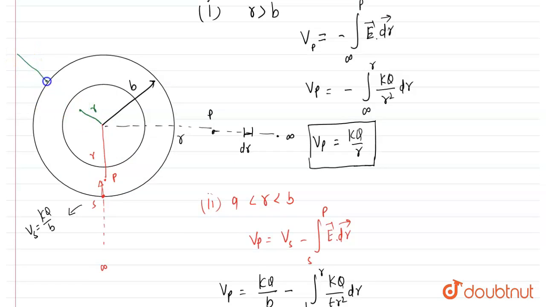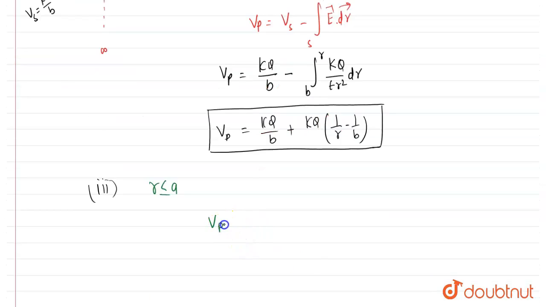So the total potential is equal to infinity to surface plus surface to that inner point. Let's assume that point is r, and r to that point P. So the potential at that point P is equal to potential from infinity to surface plus surface to point r plus r to point P of E vector dot dr vector.